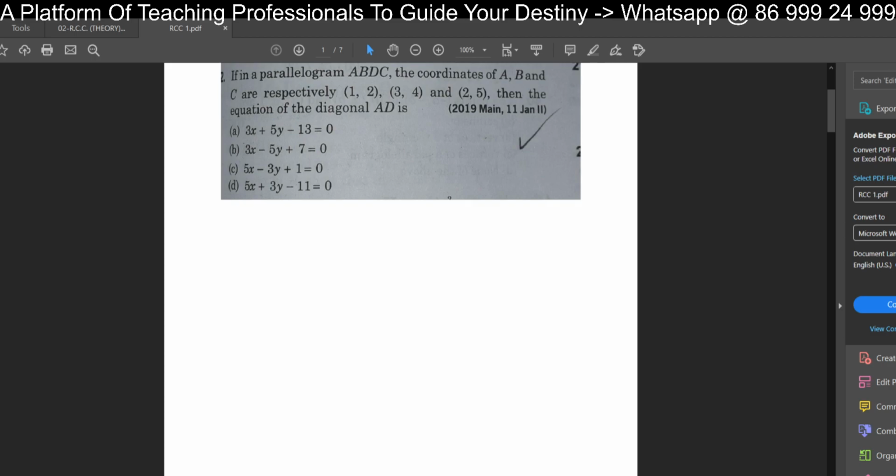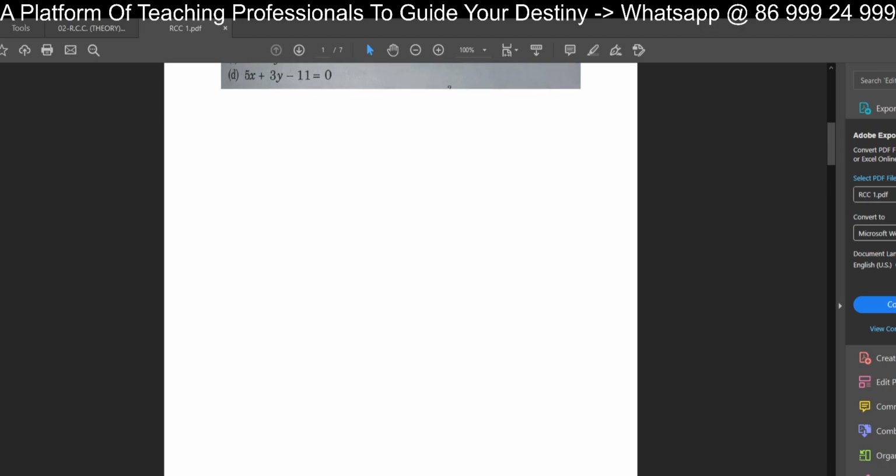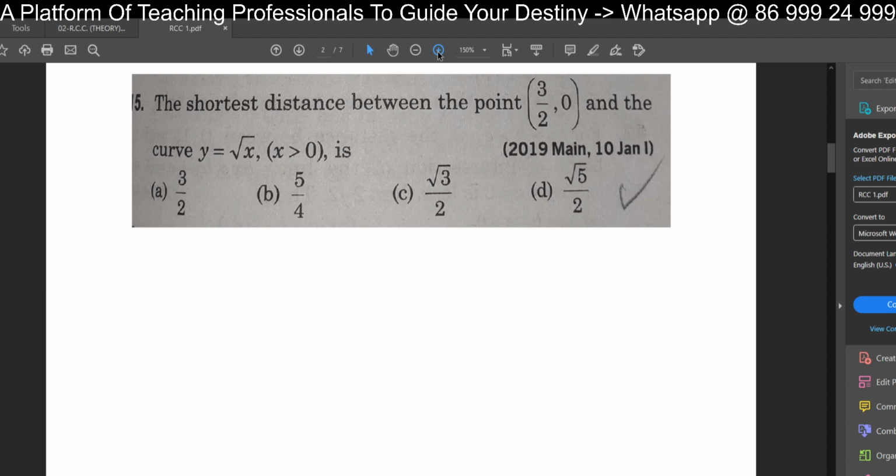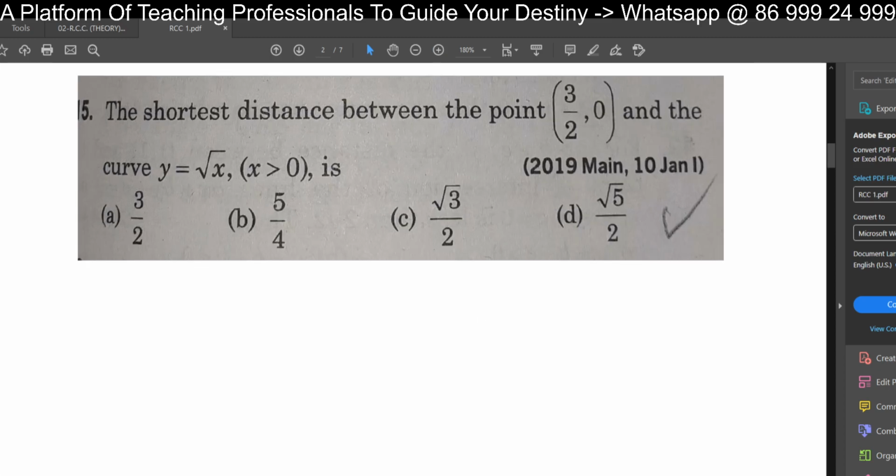Now similarly, let us go to the other question. The shortest distance between the points, I'll zoom it. This is also a latest question.